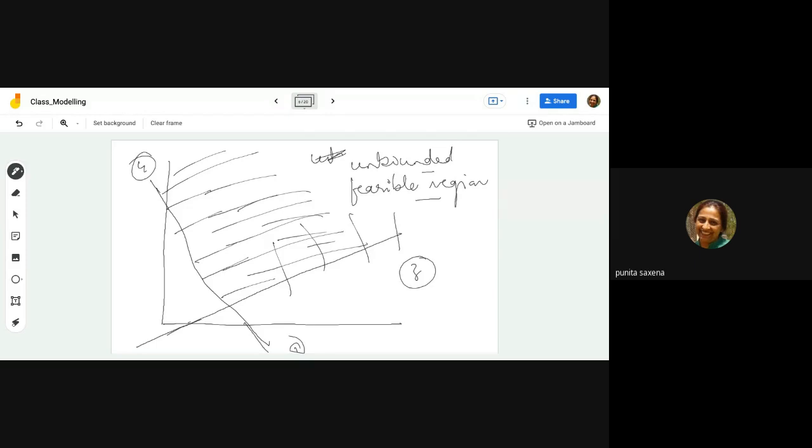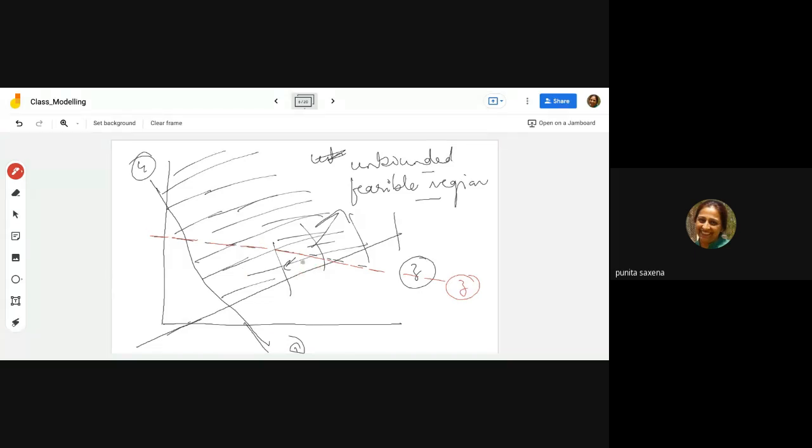See, when it's a minimization problem, that means your value of z has to decrease. If my objective function is such a line, then in this direction it is increasing, fine, but in this direction it is decreasing. Shall I make it more clear? Say, supposing this is your objective function. I'm drawing it again. Okay, this is your z.